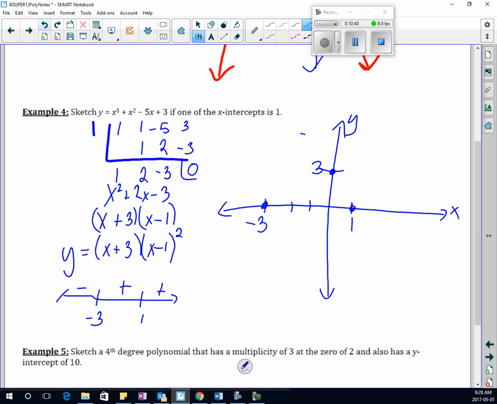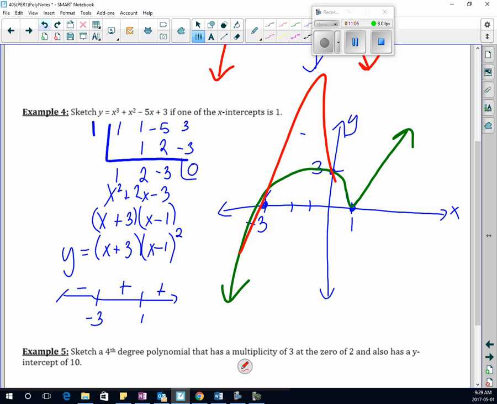And remember, it has to go positive, positive, which means it bounces there. It has to go straight through. So do you see how I'm going to do this? It's going to go like that. Something goofy like that. Again, it doesn't matter. It could be going higher here. It could go like that, right? It doesn't matter as long as it hits those points.